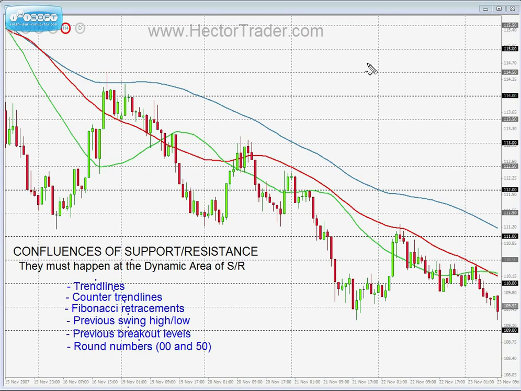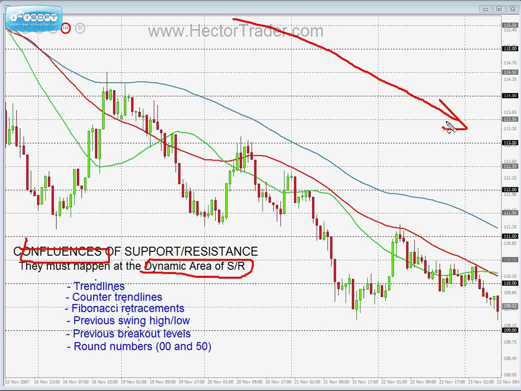support and resistance, okay, around the dynamic area of support or resistance in a trending scenario.